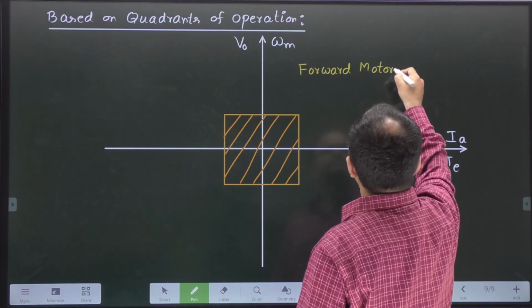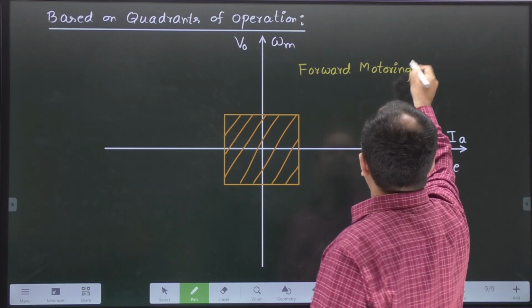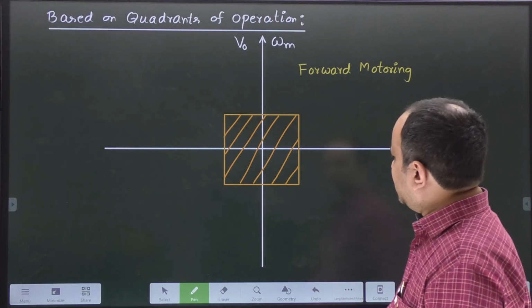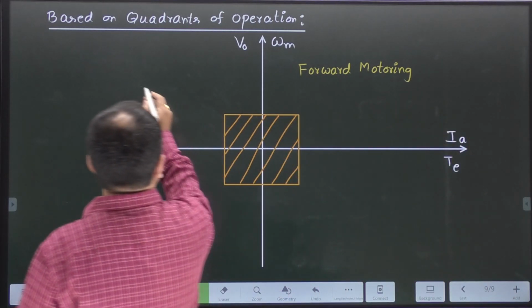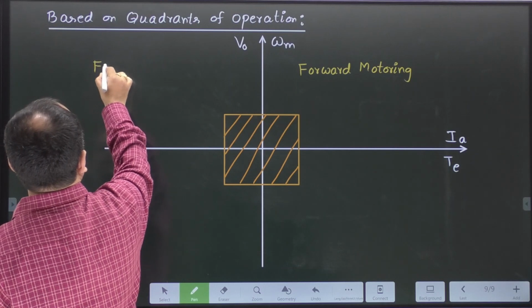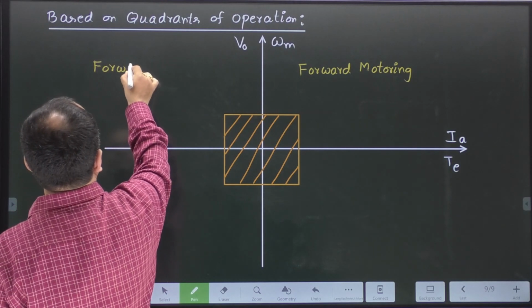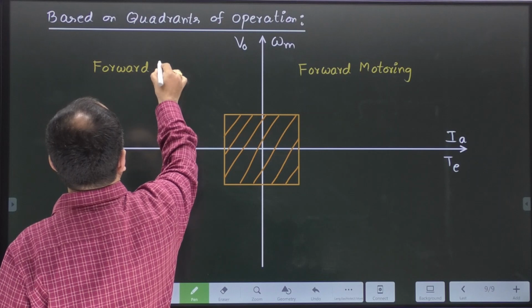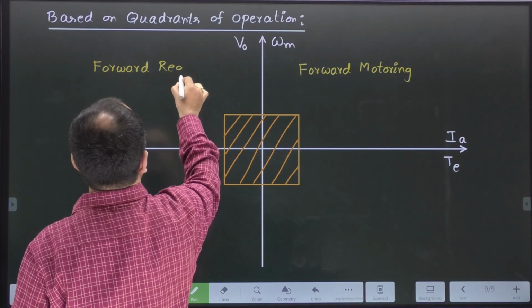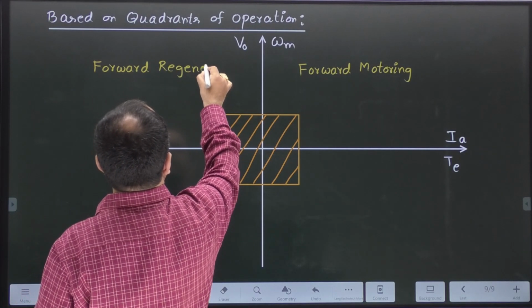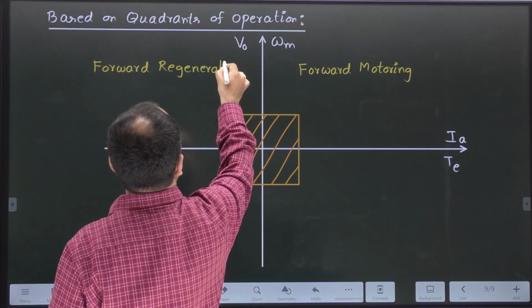Okay. Forward motoring. And in this case, the second quadrant of operation is called forward regenerative braking.